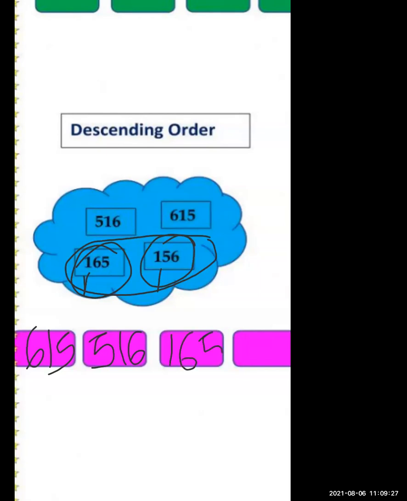Yes, 165 is bigger than the 156. So 156 is the smallest number. So here we can see the big number is 615 and the small number is 156.